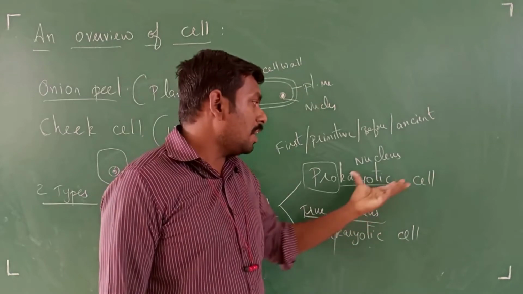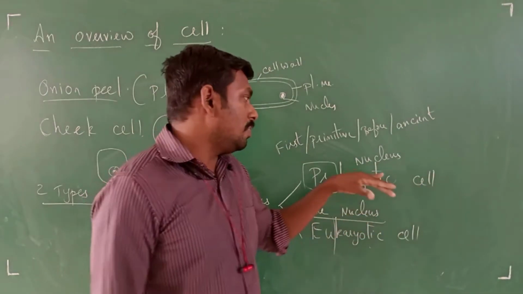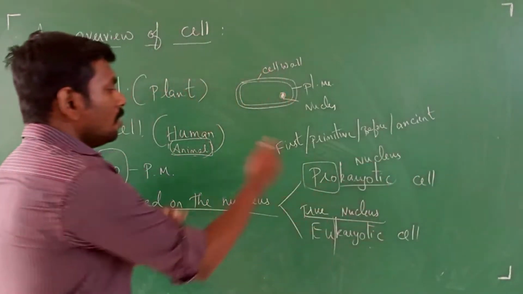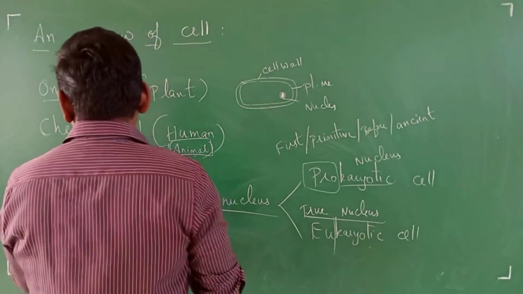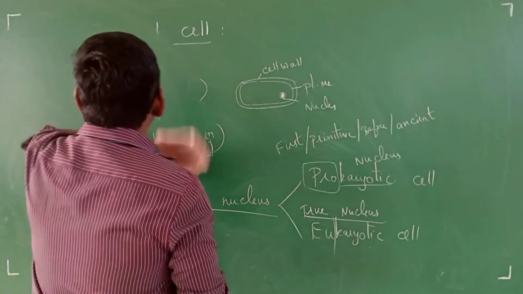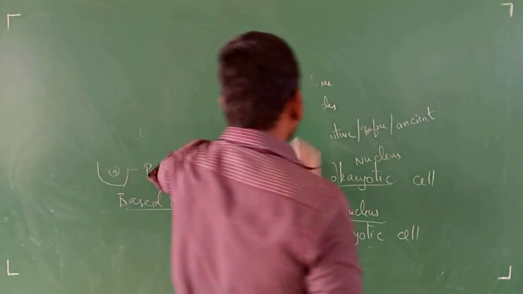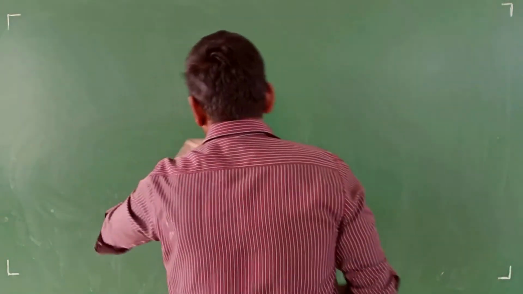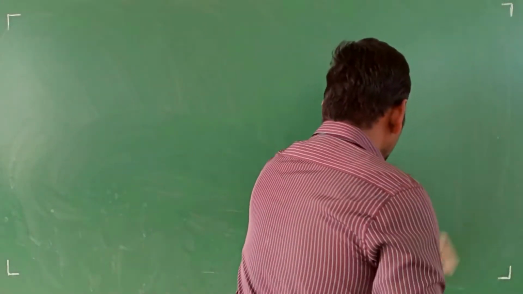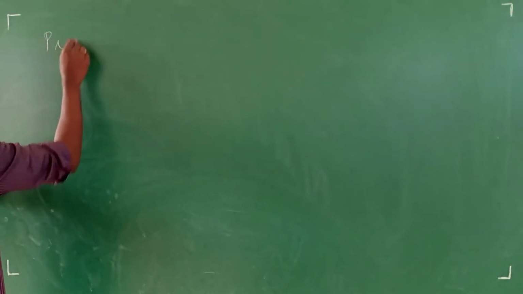So when we see the prokaryotic cell and the eukaryotic cell, you will not have membrane-bound organelles in the case of the prokaryotic cell. Prokaryotic cells do not have any membrane-bound organelles, they don't have a distinct nucleus.